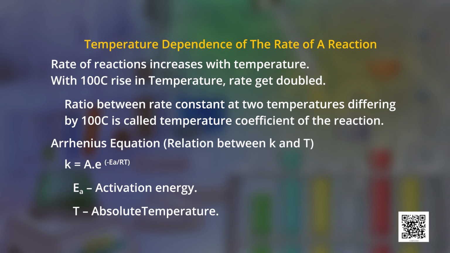The Arrhenius equation gives the relationship between rate constant K of a reaction and the absolute temperature T. It is defined as K equals A multiplied by e raised to the power minus Ea upon RT, where K is the rate constant and A is the Arrhenius factor or the frequency factor or pre-exponential factor which is constant to a particular reaction. Ea is the activation energy, R is the gas constant and T is the absolute temperature.